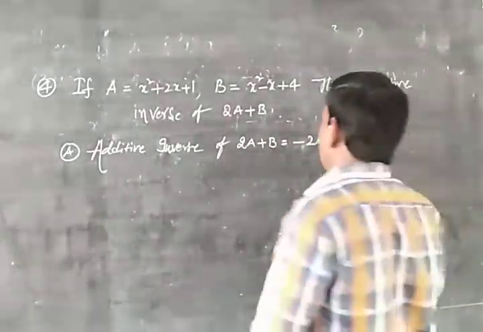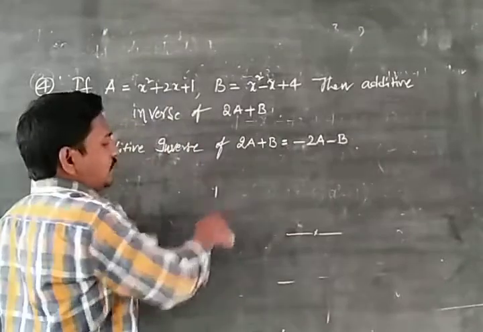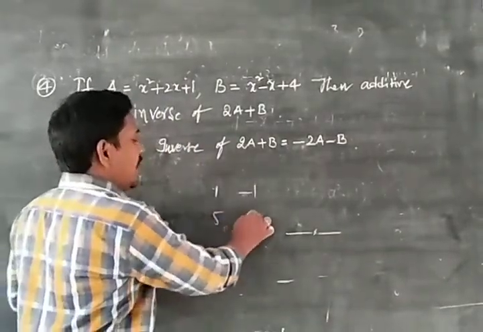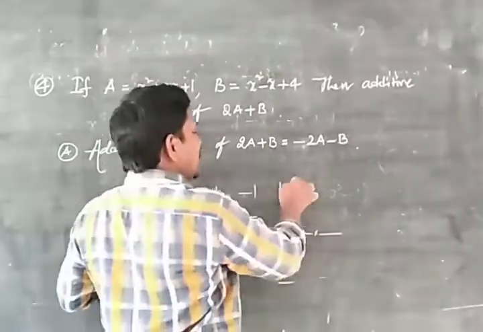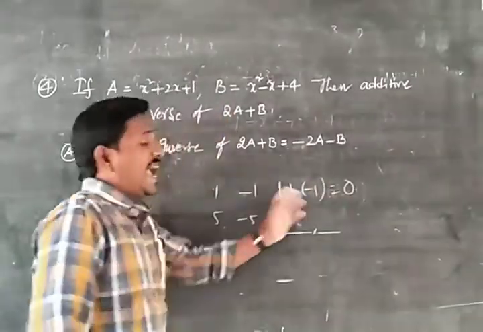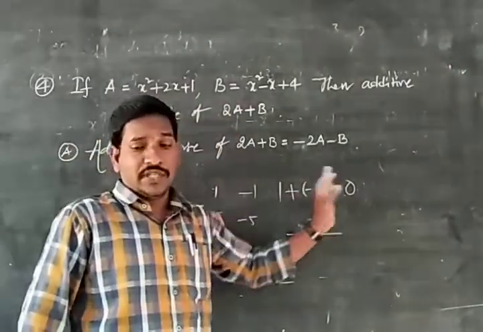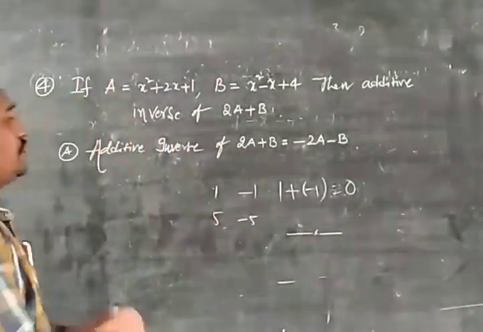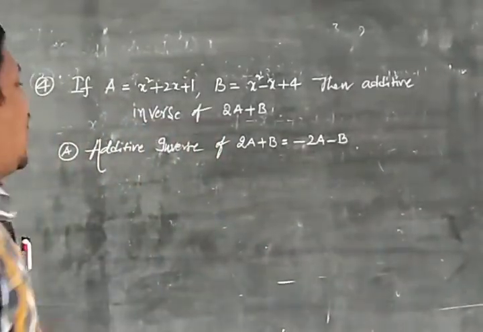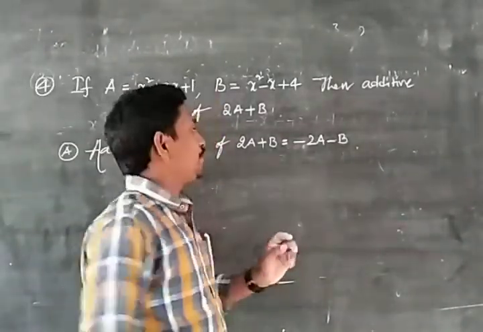The additive inverse of 1 is minus 1. So 1 plus minus 1 becomes 0. When we add both, we get 0. So we have to take the minus value as the additive inverse.